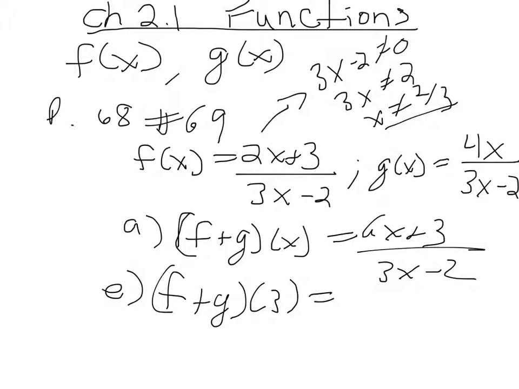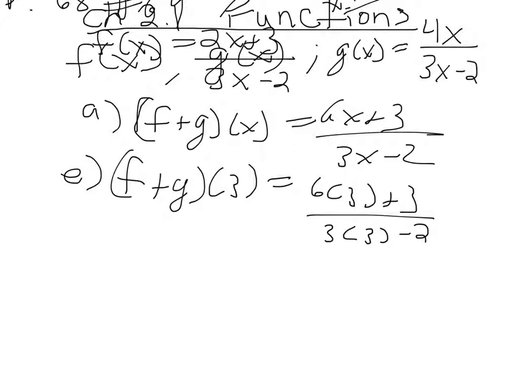So you just plug in the value of 3: 6 times 3 plus 3 over 3 times 3 minus 2. You get 18 plus 3, which is 21, over 9 minus 2, which is 7, so your answer is 3. And the domain is going to be the same because it's the same function.